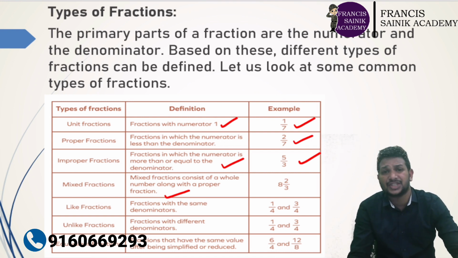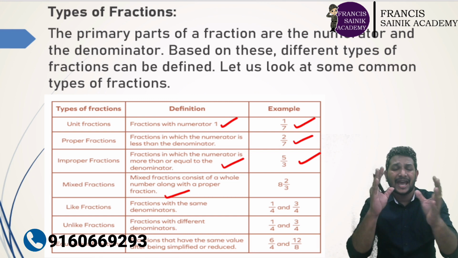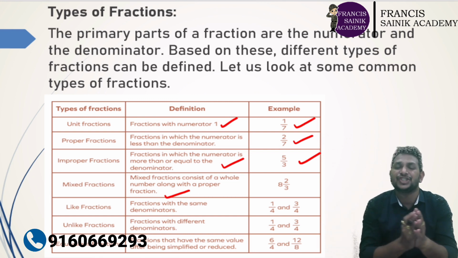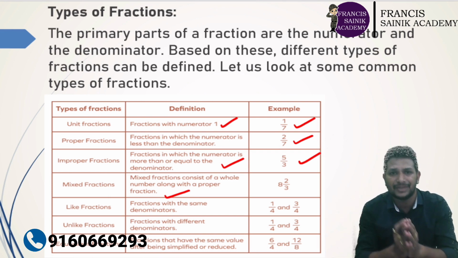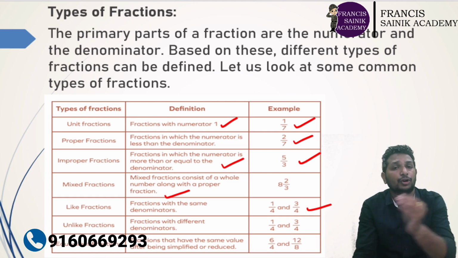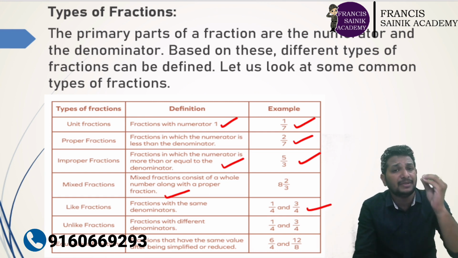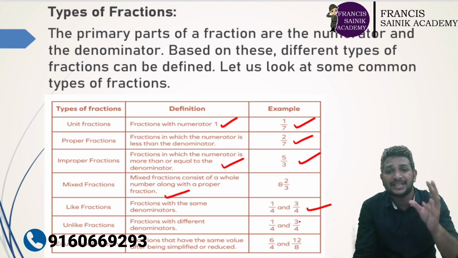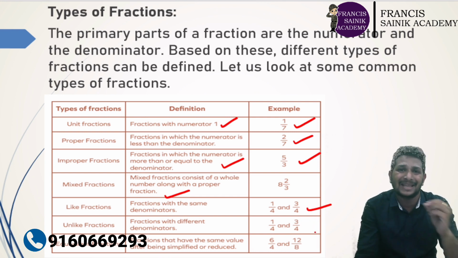Now coming to the next one, like fractions. If the fractions have the same denominators, we call them like fractions. If you look at this example, 1 by 4, 3 by 4, both fractions have the same denominators, so they are called like fractions.